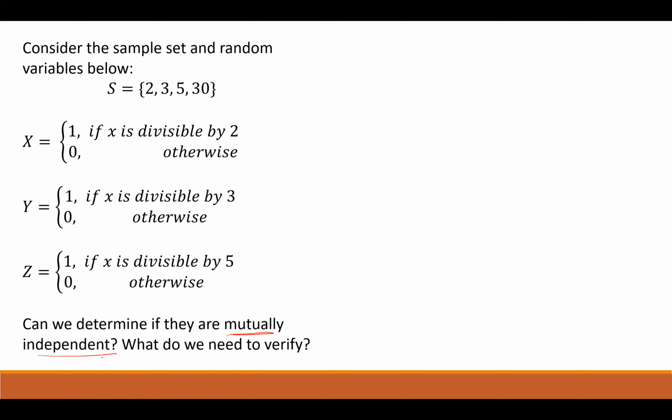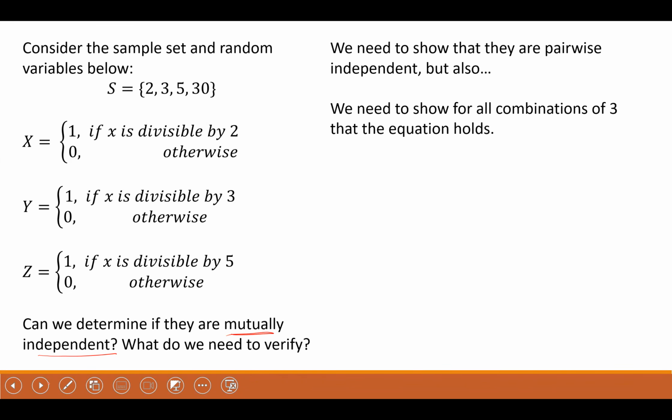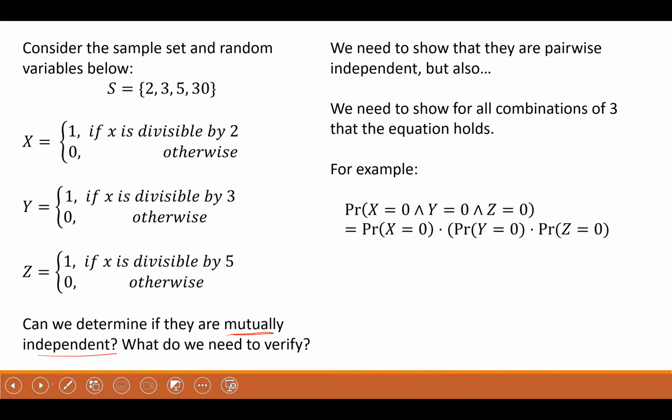So if I have three random variables, the same thing applies. If I wanted to show that these three random variables were mutually independent, I would have to show that X and Y were pairwise independent, Y and Z were pairwise independent, and X and Z were pairwise independent.